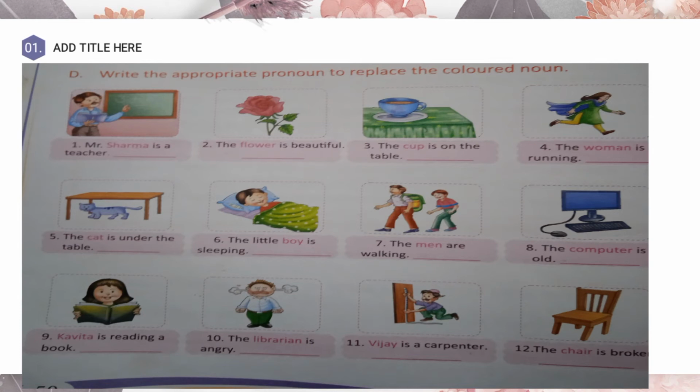Okay, like first one, Mr. Sharma is a teacher. Mr. Sharma, male person. For male person, which pronoun word we use? He. So you will write here only he. No need to repeat the sentence. You will write only he. Like this, you will write the answers of this exercise.